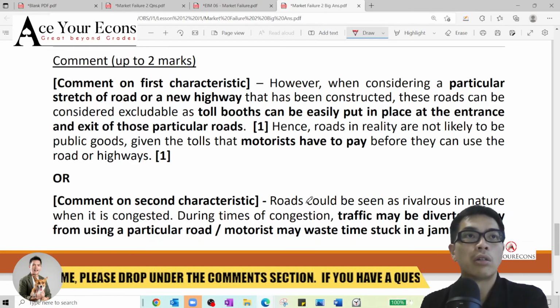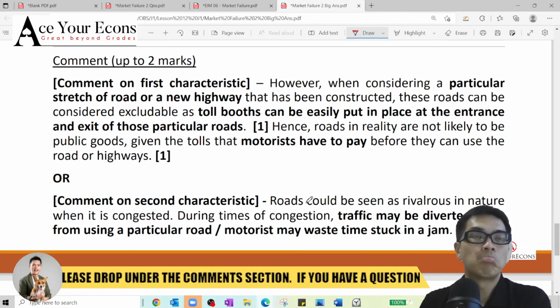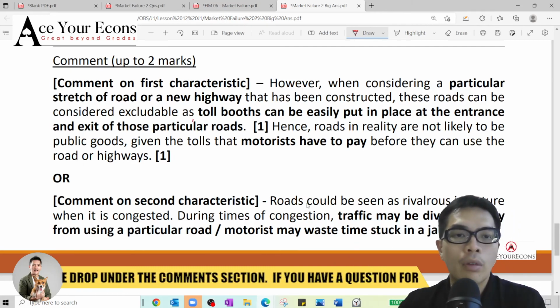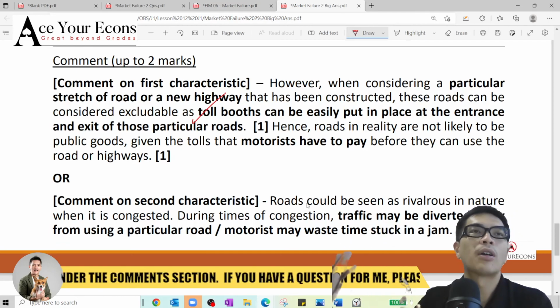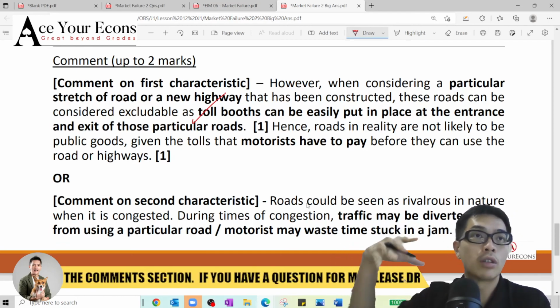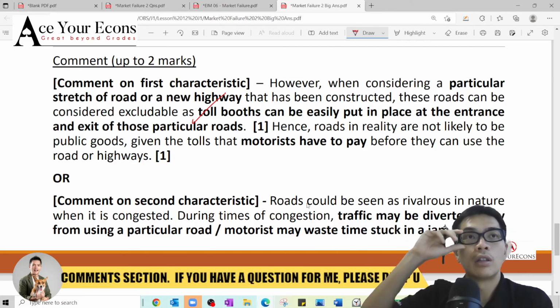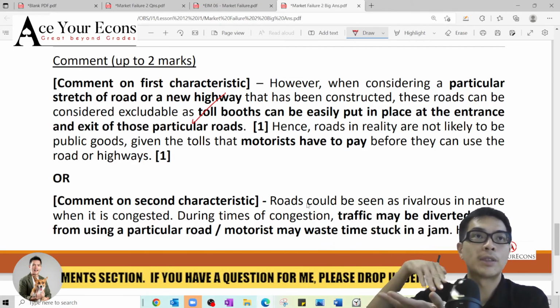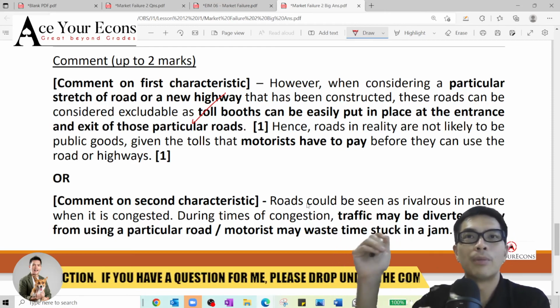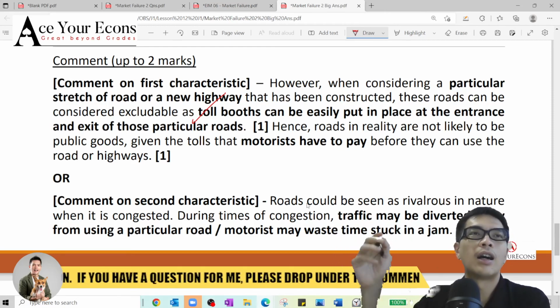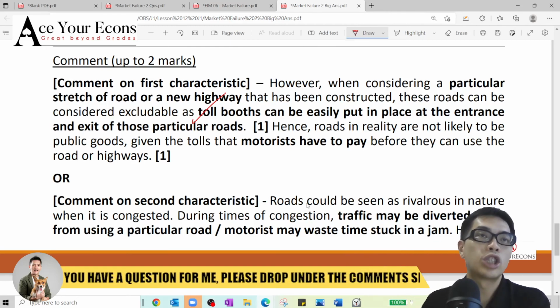So how could it be excludable? By inserting toll booths or ERP. In this case, ERP is a Singapore context. Toll booths are what you normally use in other countries. If you've been to Malaysia, you realize there are specific highways where you need to slow down and tap, tap and go, I believe. All these are toll booths that are meant to charge motorists.